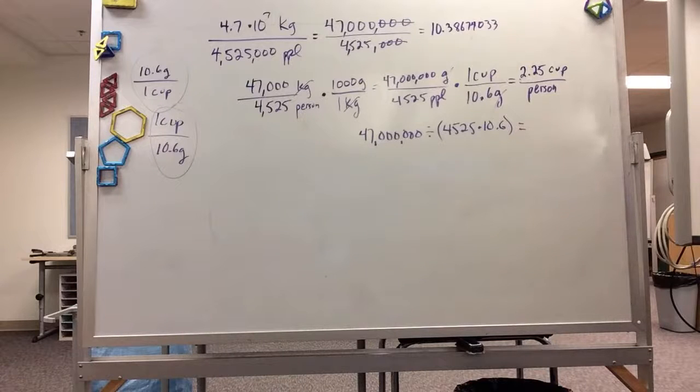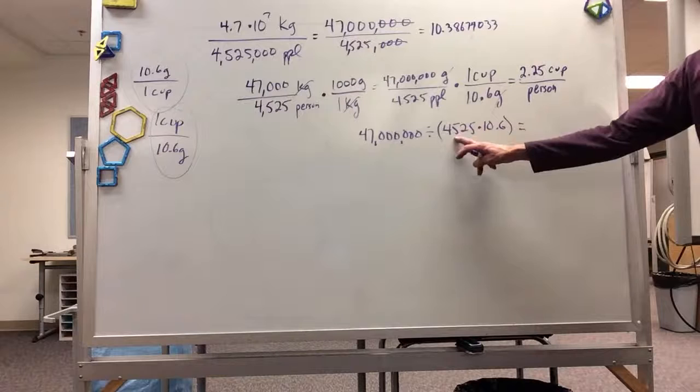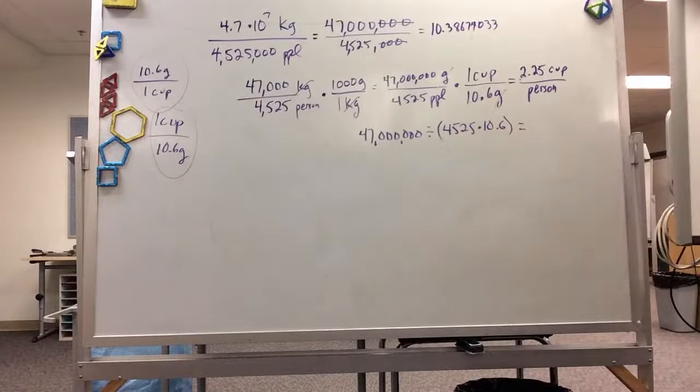You have 979 cups a person? That's what I got. This is a year, right? Yeah, so I don't know what you did there. I think you probably divided by this number, then multiplied by 10.6. I think I did something wrong. So you got your 47 million divided by parentheses 4525 times 10.6 parentheses equals. Yeah, I got what you got.